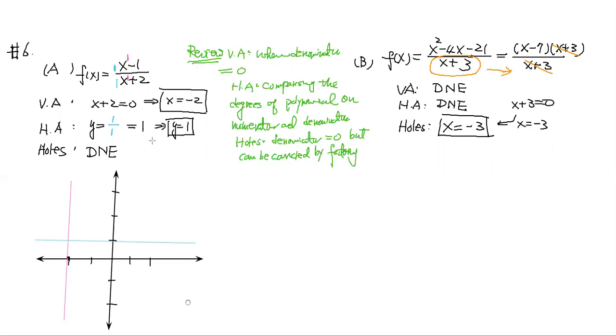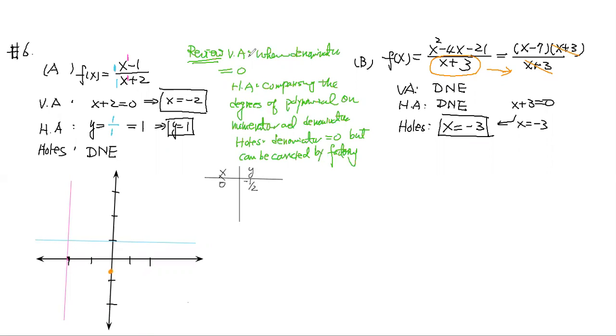In order to graph the function, I need to know how it turns, so you can choose several points to help you decide. This is x, this is y. Try x equal to 0: 0 minus 1 is -1, so it's -1/2. So your point is (0, -1/2).